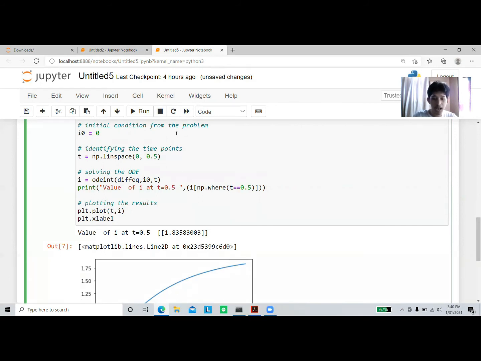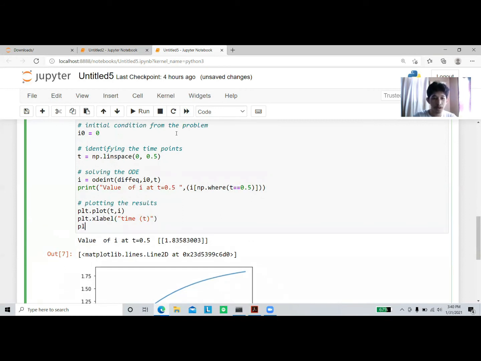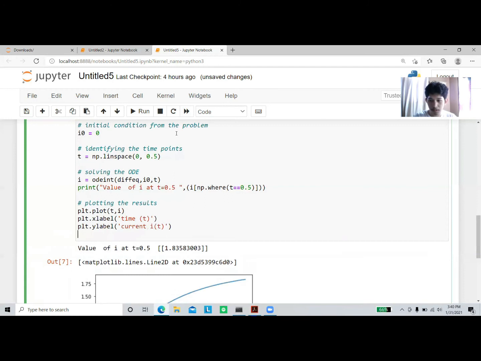For the x axis, I want this to be labeled as time t, while the y axis will be labeled as current I, or I of t, because it is dependent on the time.